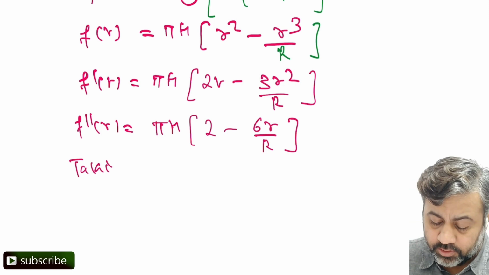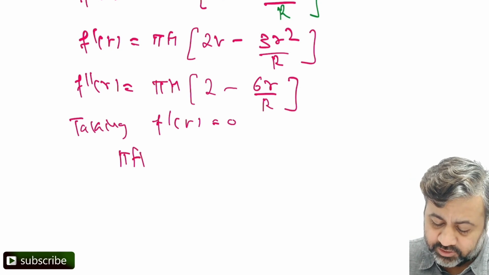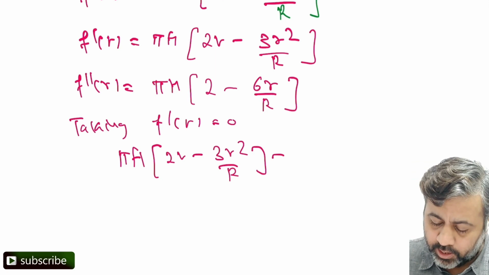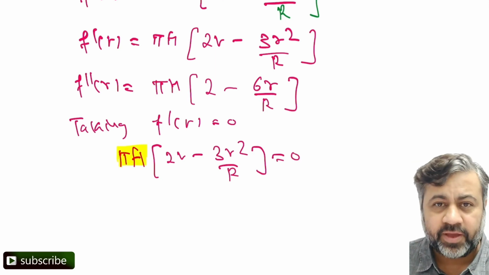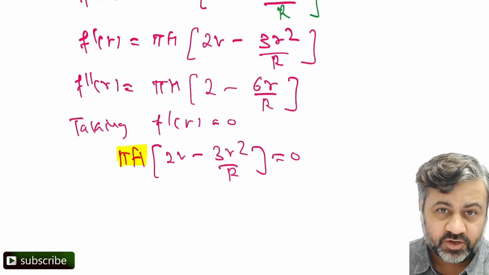Now, take the first order derivative equal to 0. So taking f dash of r equal to 0, we get pi h times (2r minus 3r square upon R), this entire thing equal to 0. I can take pi h to the other side, 0 upon pi h will be 0, and pi and h are not 0, so we can divide that.